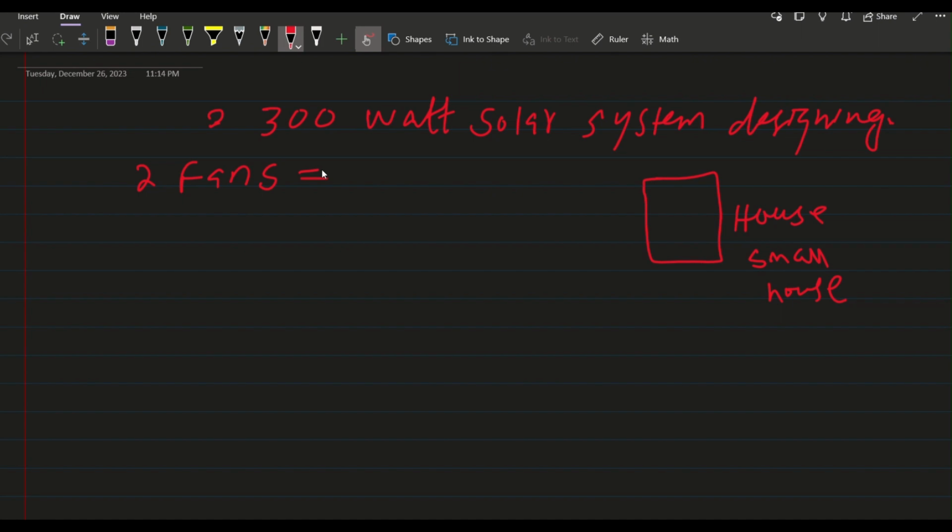So one fan consists of 80 watt, and here are two fans, 2 multiplied by 80 watt, so 160 watt. And energy saver, two energy saver bulbs, and each would be 25 watt. 2 multiplied by 25 is equal to 50 watt.